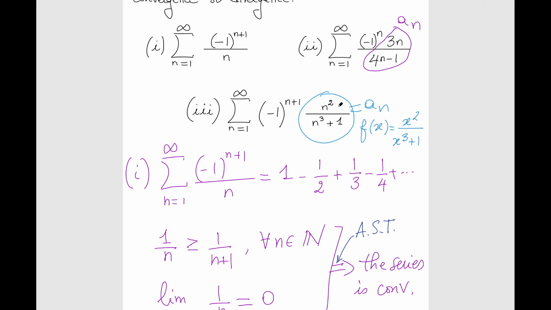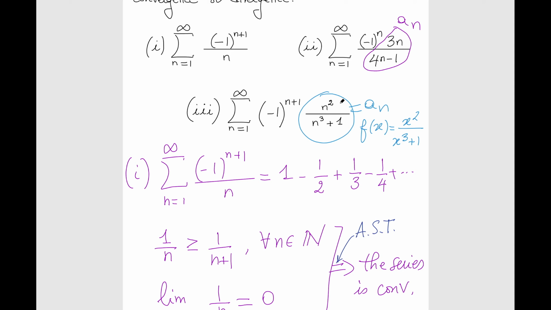So the sequence an is decreasing from n equals 2 onward. Even though the series starts at 1, as long as the an's eventually start decreasing, that's good enough. We discussed this above. When n is bigger than or equal to 2, the an's are going to be non-increasing.